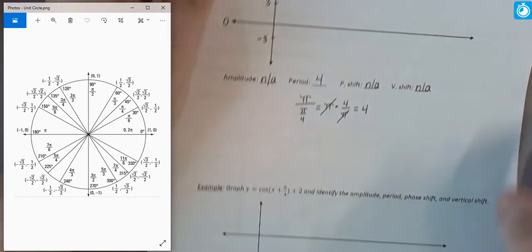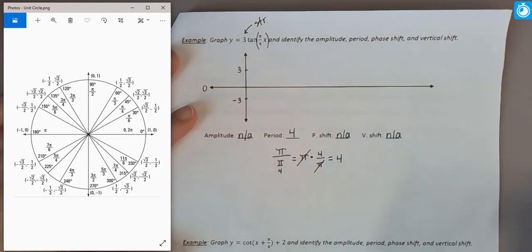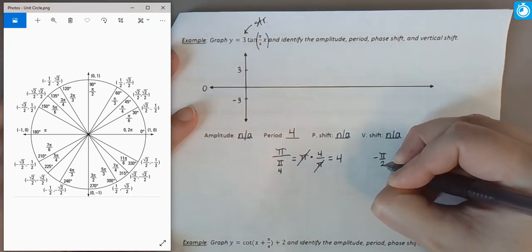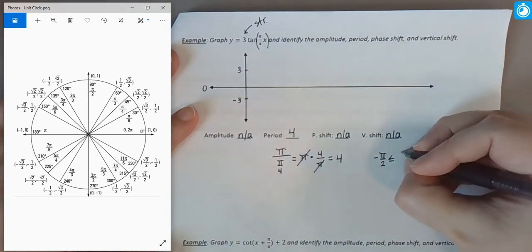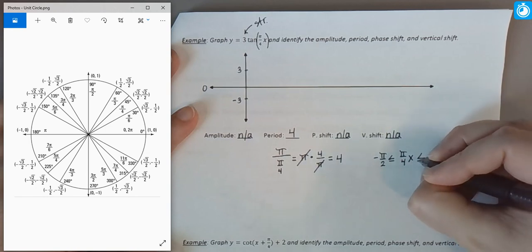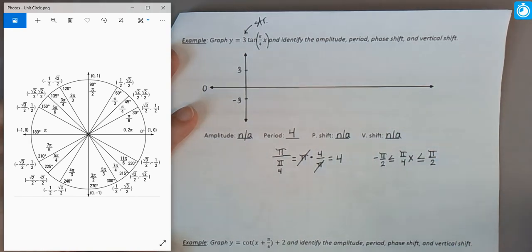So when we set up that inequality to determine the beginning and the end point for our cycle, we need to indicate that we're starting at negative pi over 2 and we're ending at pi over 2. So negative pi over 2 is less than or equal to our input, which is pi over 4x, and that's also less than or equal to the standard endpoint at pi over 2.